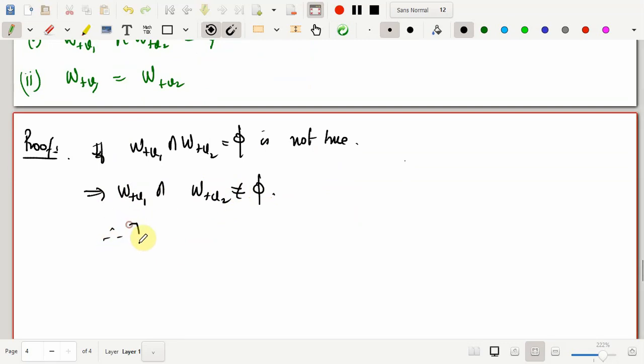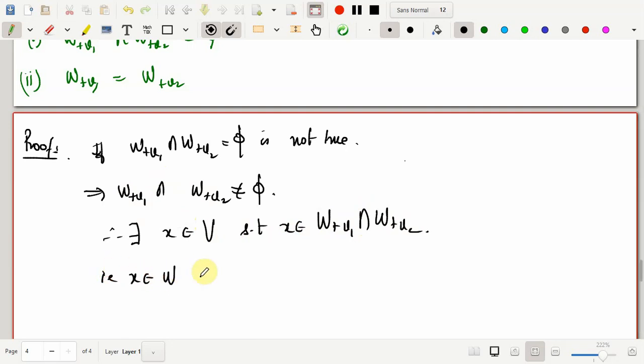So therefore there exists X in V which lies in both these sets. Okay, says that X belongs to W plus V1 intersection W plus V2, and by definition of intersection, X has to be in W plus V1 and X also belongs to W plus V2.